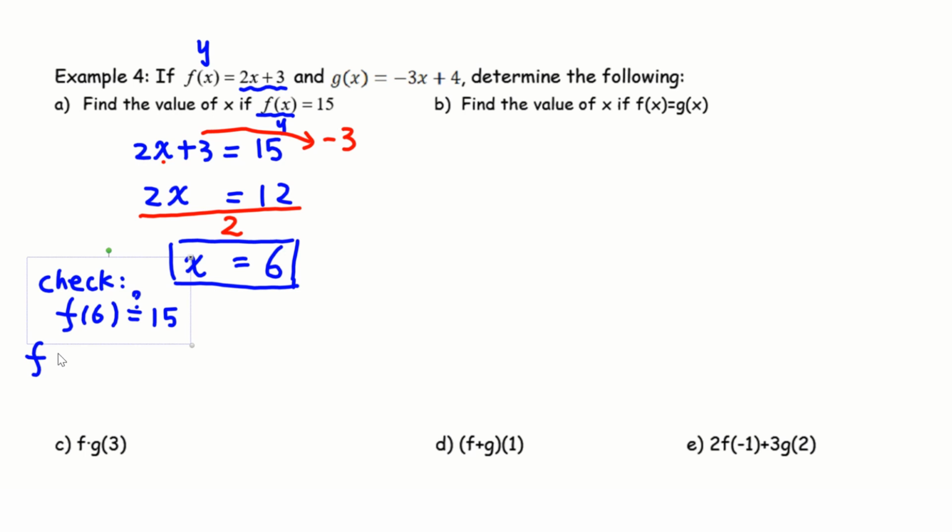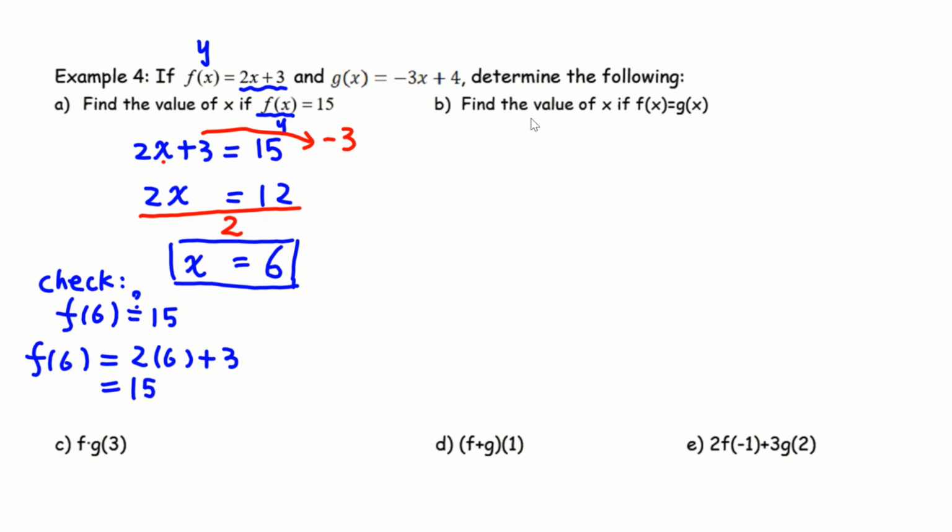We sub in x equals 6 to this function notation, replacing x with 6. So 2 times 6 plus 3. Then 2 times 6 is 12, 12 plus 3 is 15. Then we know it is right. So this is what you are looking for.